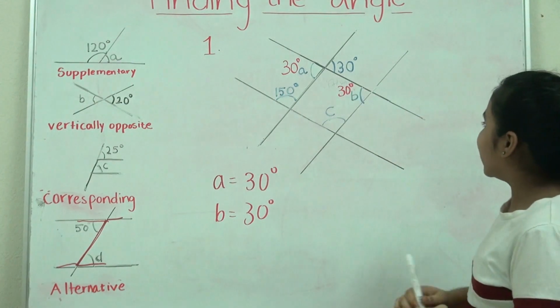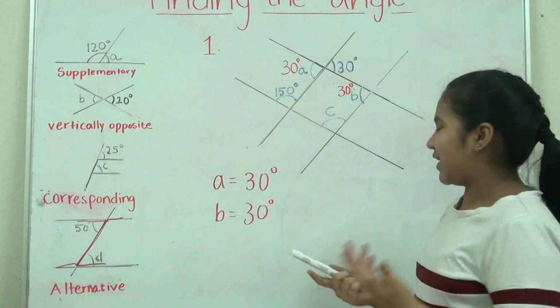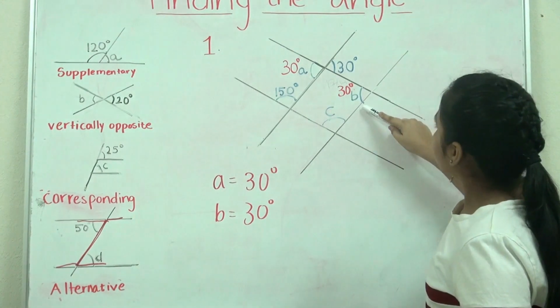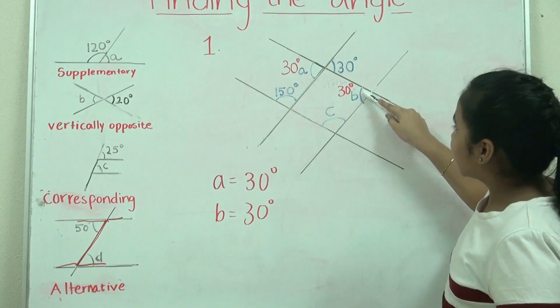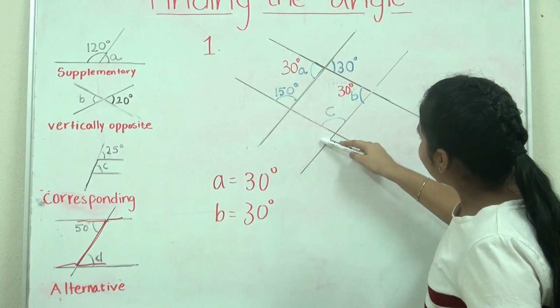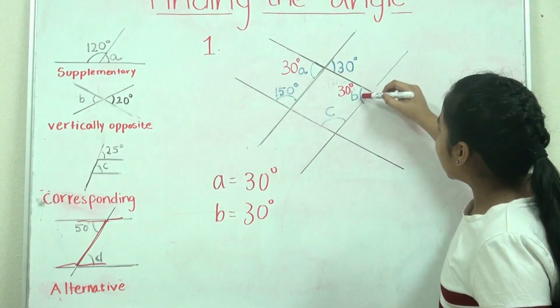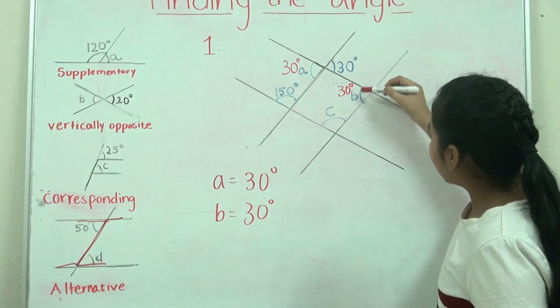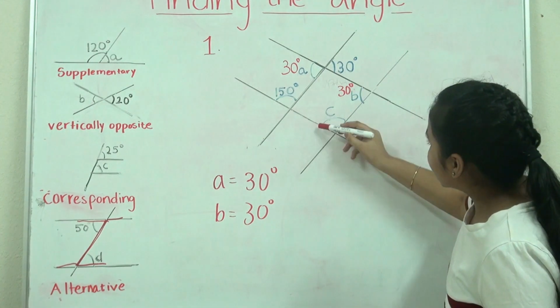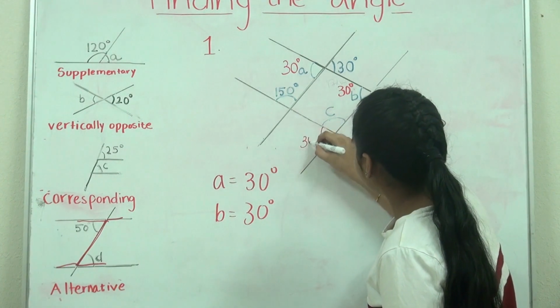And now we need to find C. You can do C in many ways. First, we can do it by finding B. If you look, this would also be 30. For example, this is the angle below the line, and this is the same line, so below this line would also be 30 degrees.